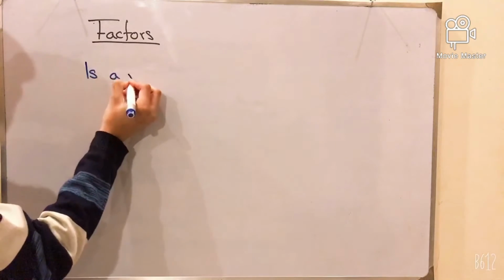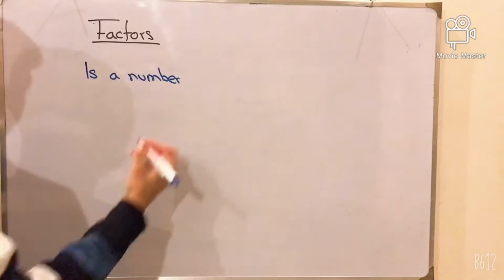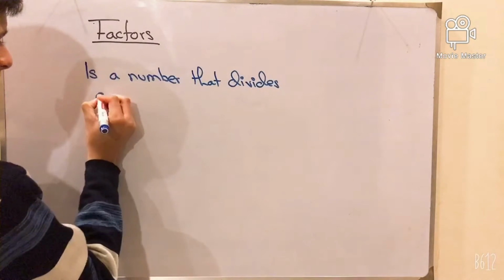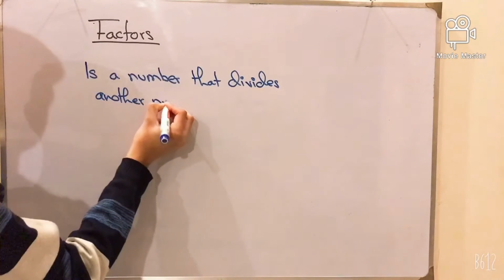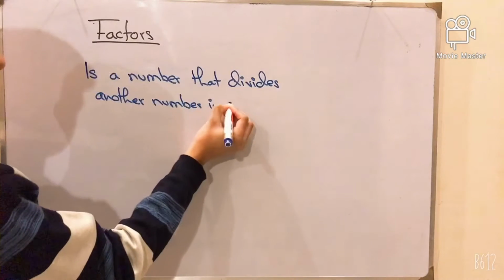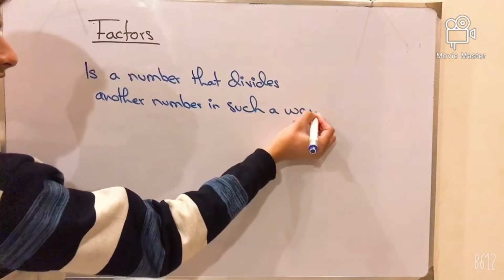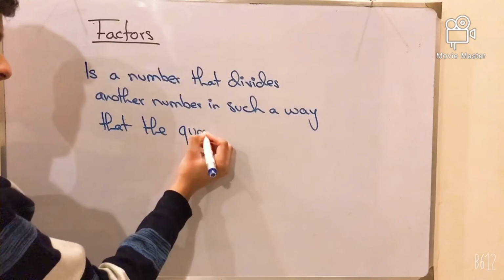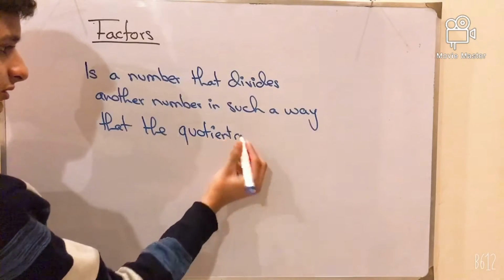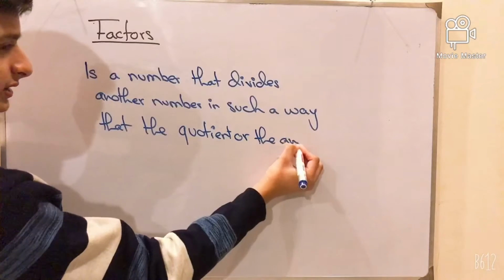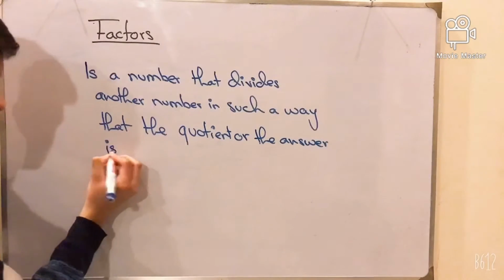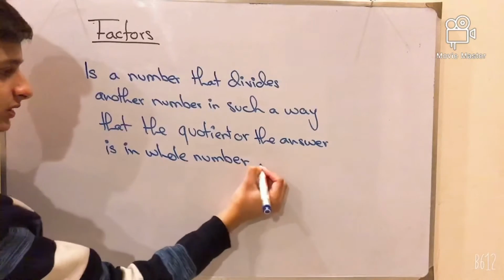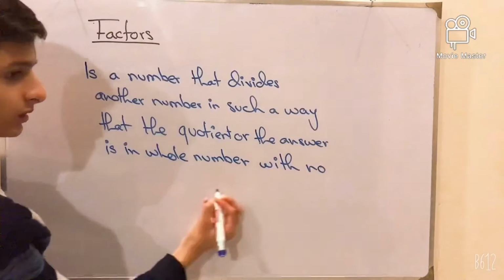A factor is a number that divides another number in such a way that the quotient, or the answer, is a whole number with no remainder.